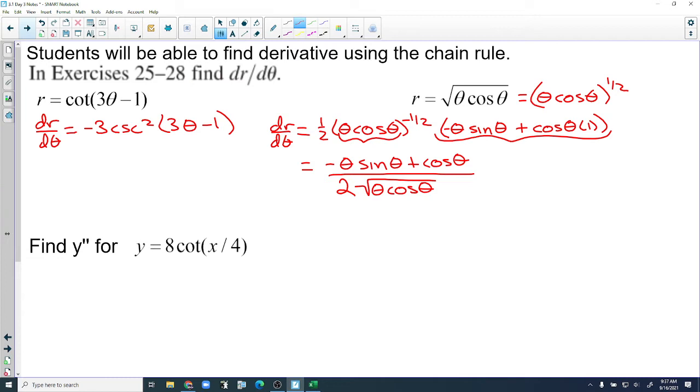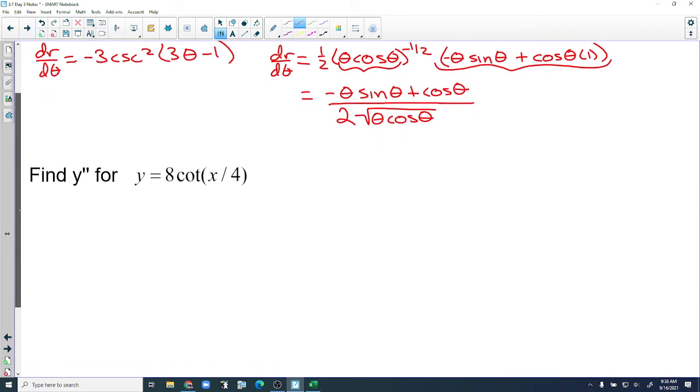The derivative of cotangent is negative cosecant squared. Oh, maybe the x over 4 we haven't really looked at yet.